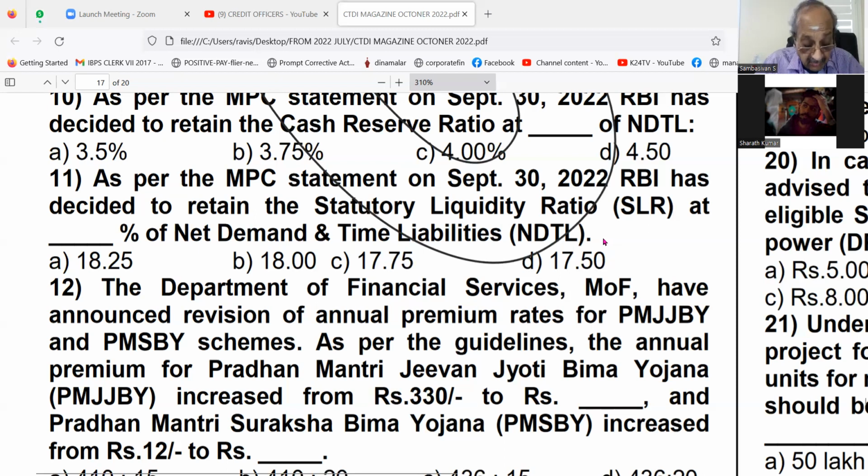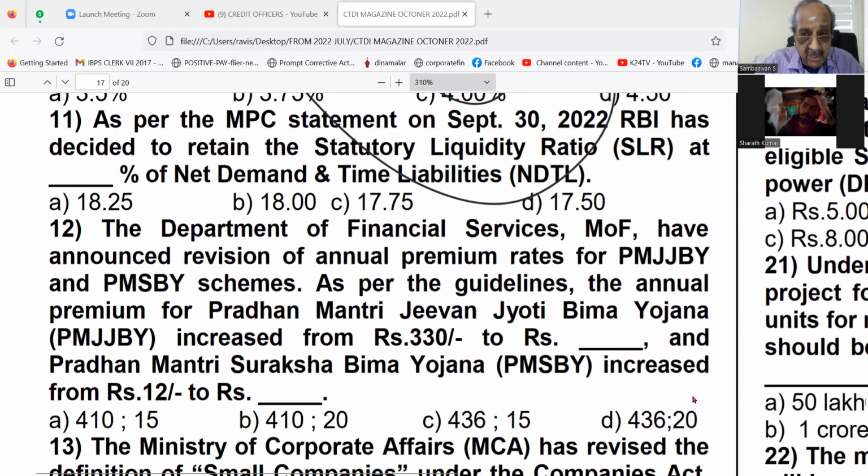Now please read question number 12. The Department of Financial Services, Ministry of Finance, have announced revision of annual premium rates for Pradhan Mantri Jeevan Jyoti Bima Yojana and Pradhan Mantri Suraksha Bima Yojana schemes.